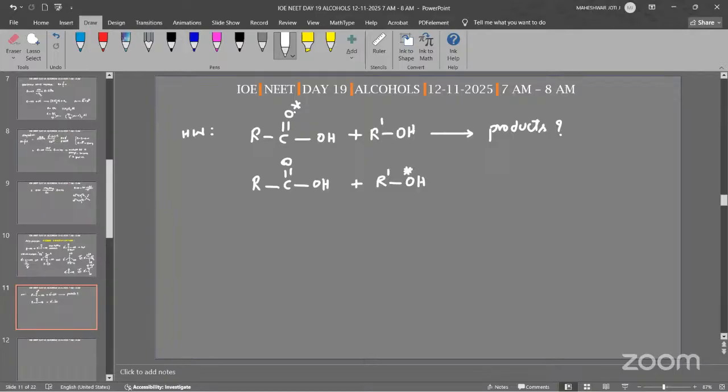In the first case, the carboxylic acid double bonded oxygen is labeled. In the second case, the alcohol oxygen is labeled. Then how many products are possible? You can answer based on the mechanism, right? So tomorrow, everybody should answer this question. Clear?